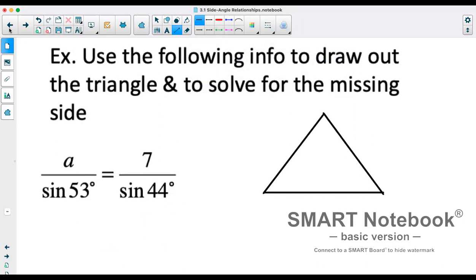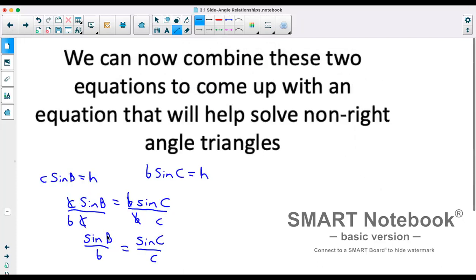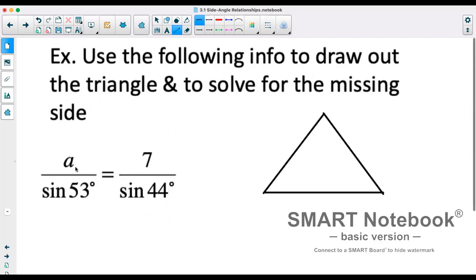If you notice from what we set up back here, our angle and our side length are in the same fraction for each of these. So we've got side length A, which we'll say is here. Its opposite angle, capital A, would be here, which is 53 degrees.